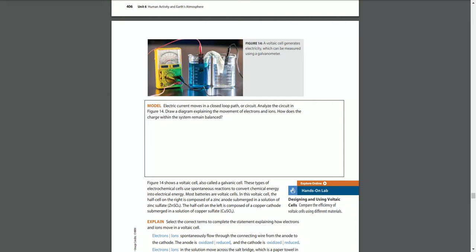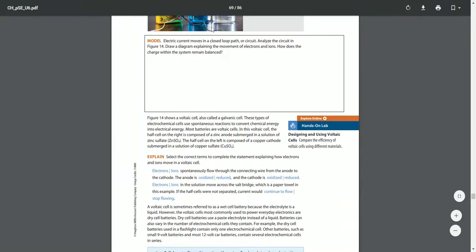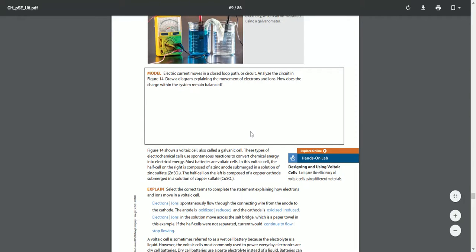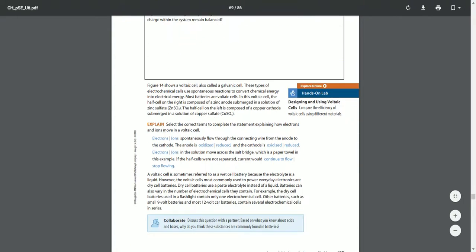And at some point, it would be so negative that you couldn't add any more negatives because negatives repel. And so what the salt bridge does is it allows that salt to balance out the charge, but the electrons are still able to keep moving. So the battery doesn't stop until you run out of your zinc and your copper. Otherwise, it would stop early.